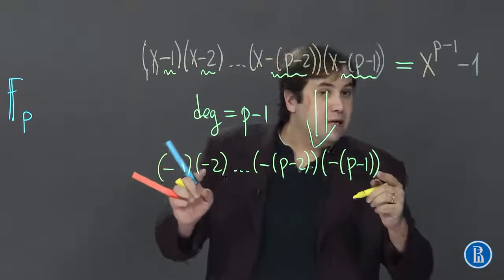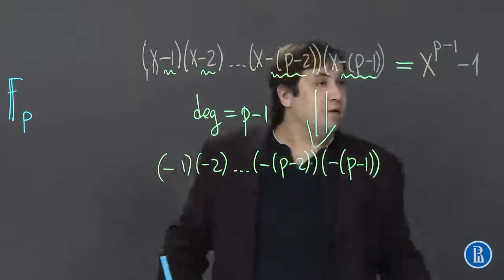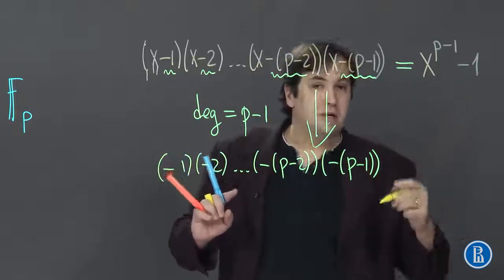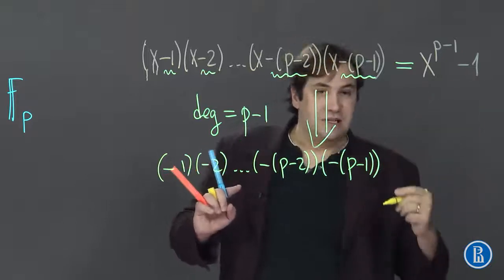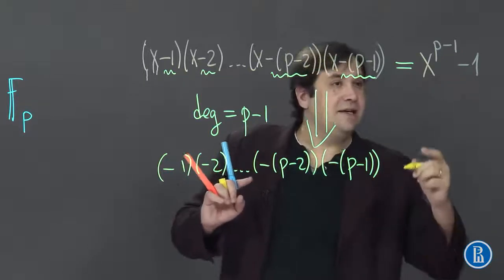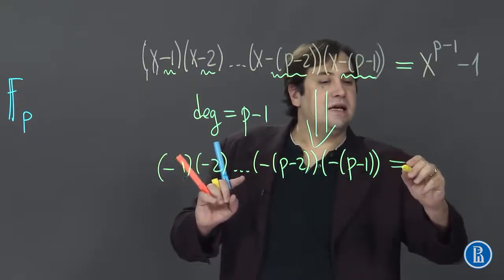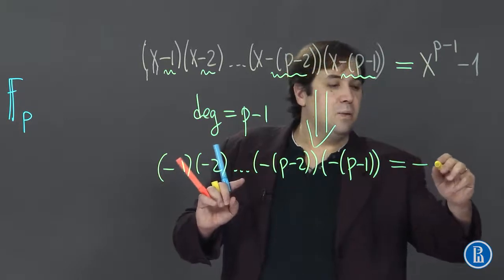And it must be equal to the coefficient of this polynomial, which also does not contain x. So this is equal to minus 1.